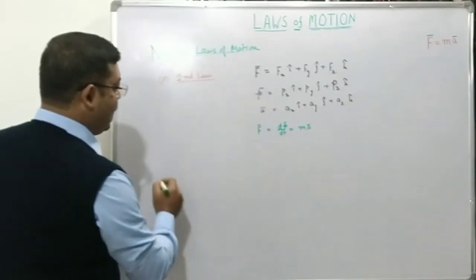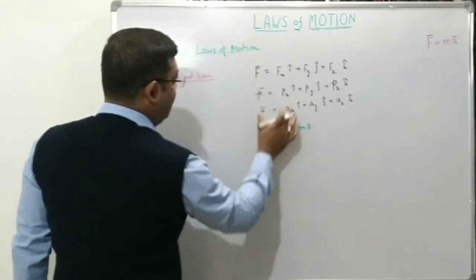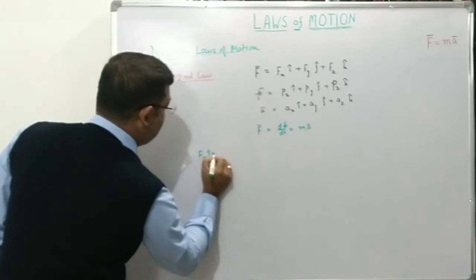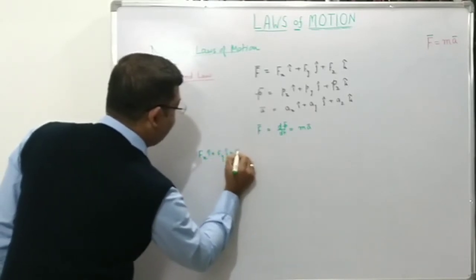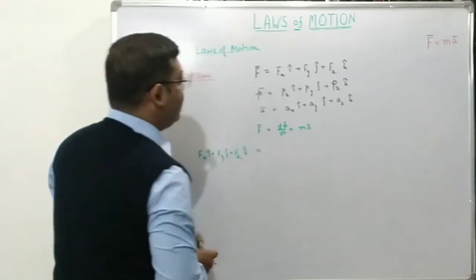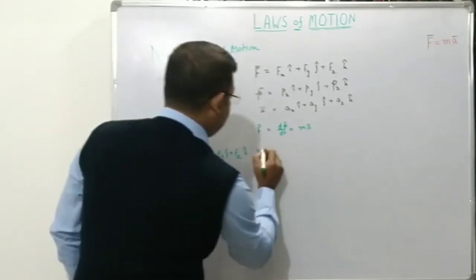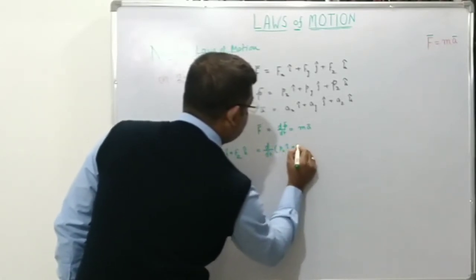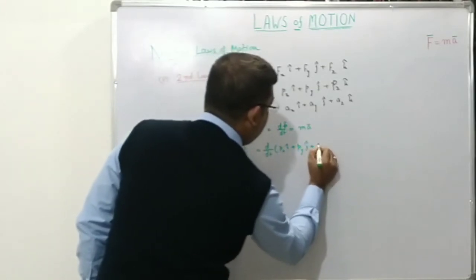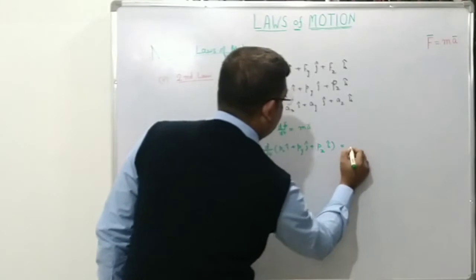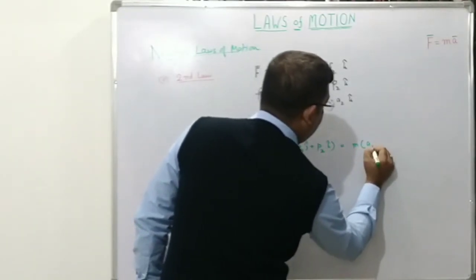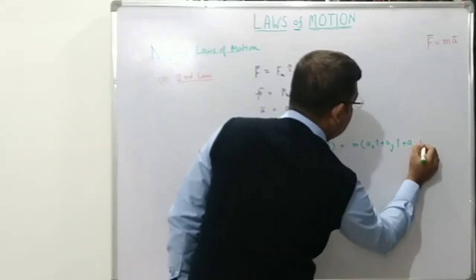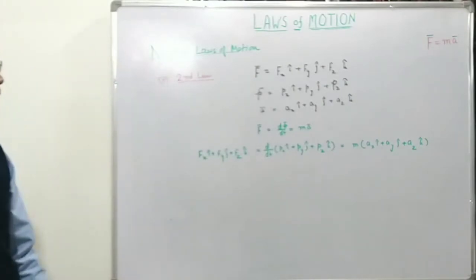If it is so, then we can say that Fx i cap plus Fy j cap plus Fz k cap must be equal to d by dt of Px i cap plus Py j cap plus Pz k cap, which is equal to m multiplied by ax i cap plus ay j cap plus az k cap. Isn't this the equation?